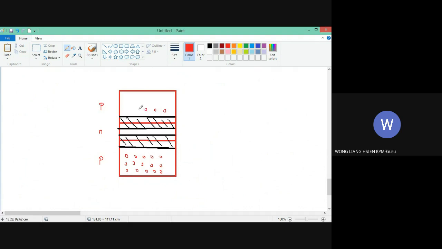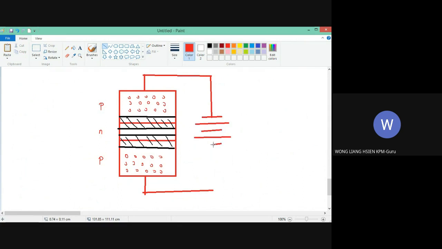Here also. So remember the ball represents positive charge. So when we connect to a power source, this is positive, this is negative.